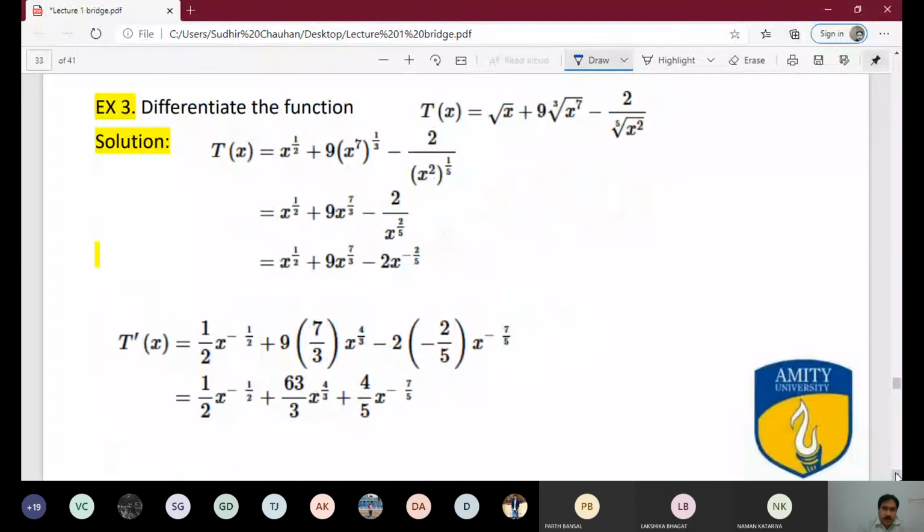Differentiate this function f(x). We can write under root x as x to the power 1 by 2. Cube root of x to the power 7 is x raised to the power 7 by 3, and then we can apply the formula directly. Here, dash means differential with respect to x.